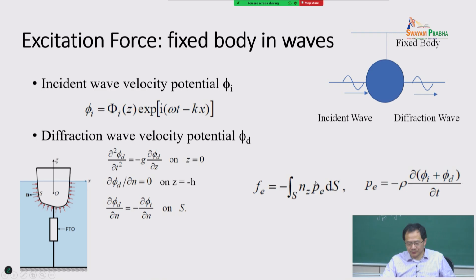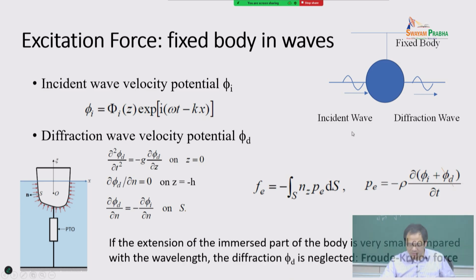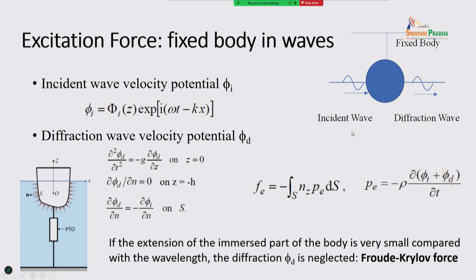The excitation force has two contributions: one is the incident wave, the other is the diffraction wave. In certain situations the diffraction contribution can be small. What kind of condition?